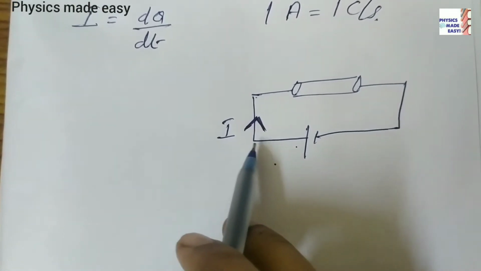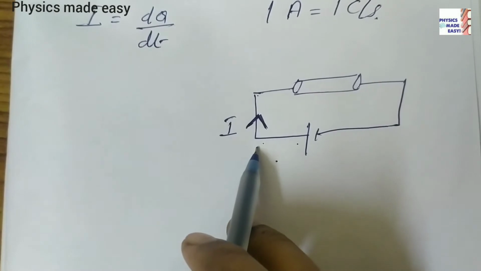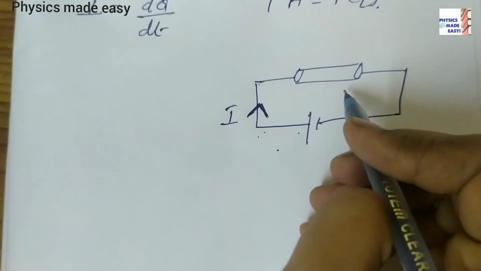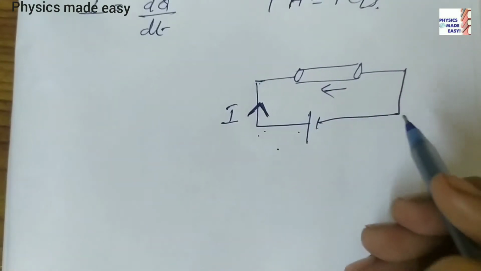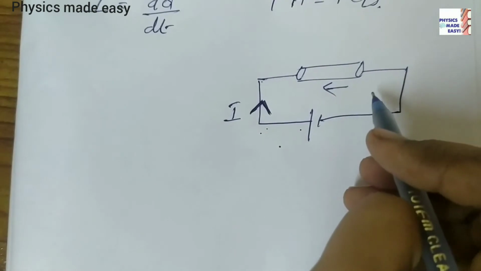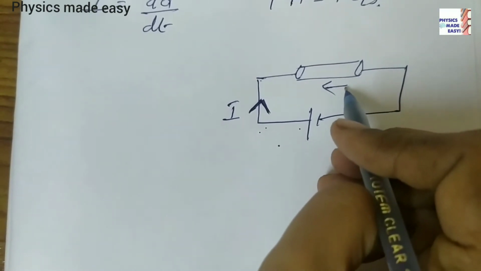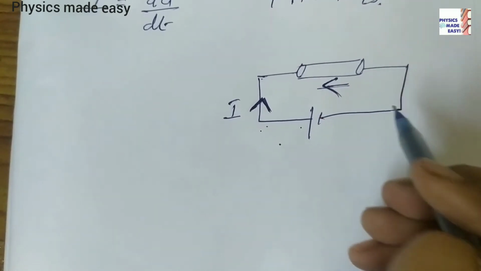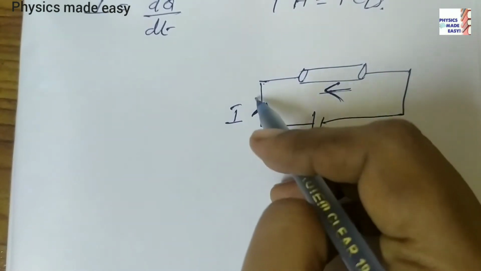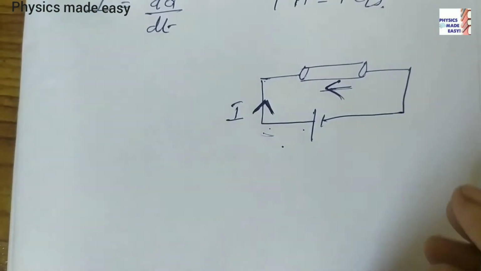That we are taking as the direction of conventional current, and that direction of conventional current is opposite to the direction of electronic current. Electrons are flowing in the opposite direction of that positive charges. So electronic current's direction is negative to positive. Our conventional current direction is from positive terminal to negative terminal.